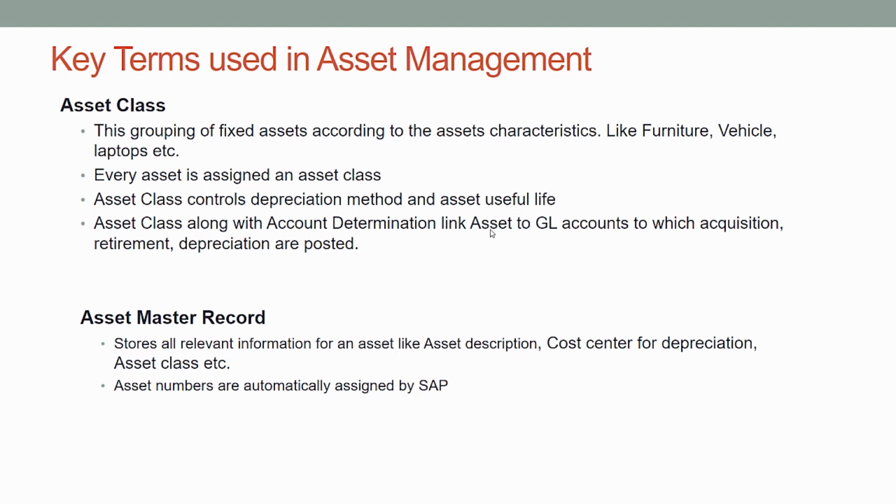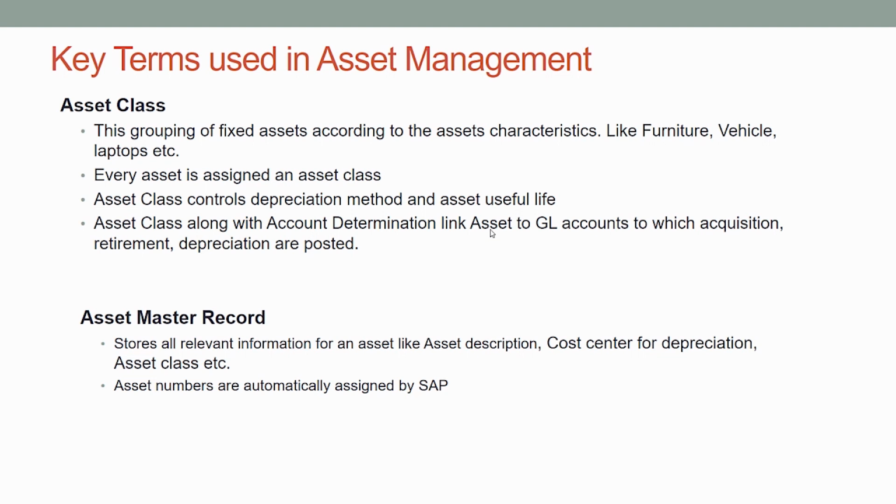So let's read what the asset class is. Asset class is a grouping of fixed assets according to the asset's characteristics, like furniture, vehicle, laptop, etc. Every asset is assigned to an asset class. Very importantly, the asset class controls the depreciation method of the asset. In the asset class, there is something called account determination, which is assigned when we create the asset class, and to the account determination we have the GL accounts linked.